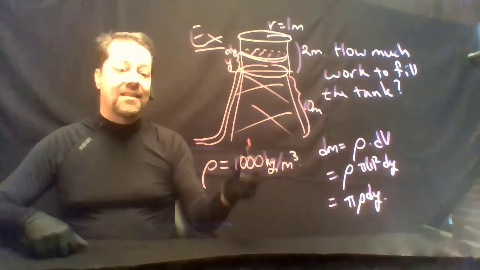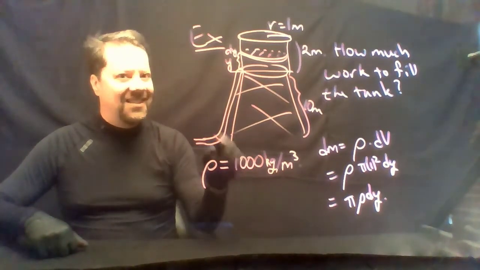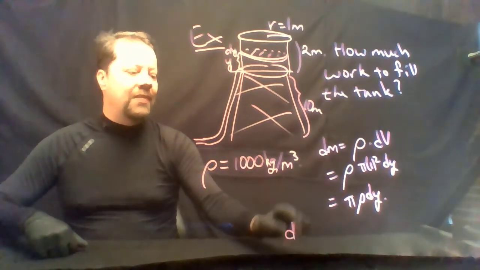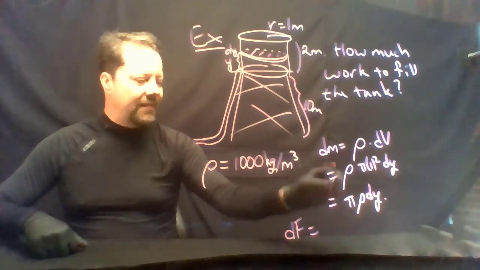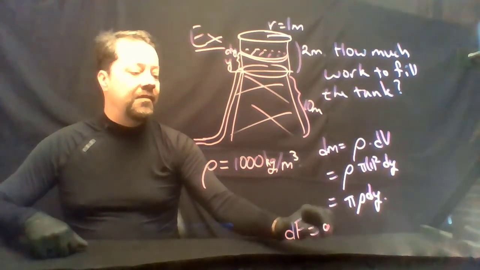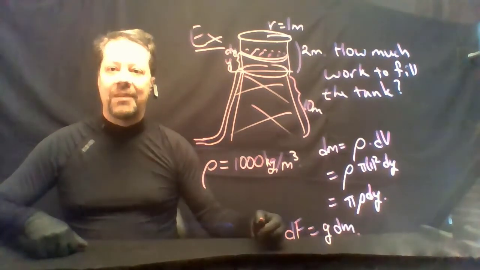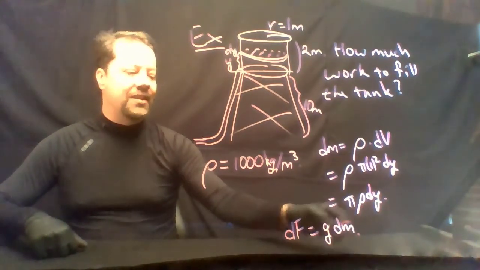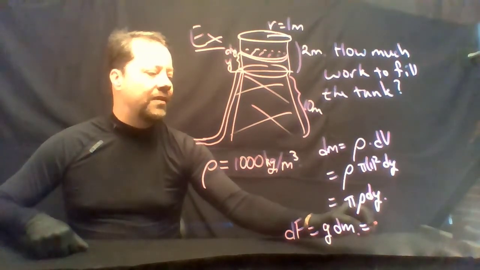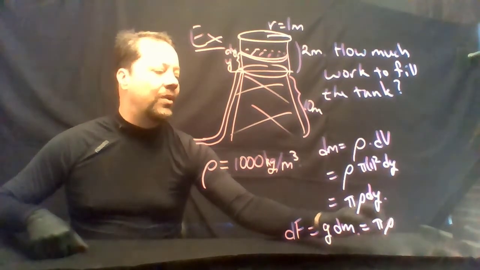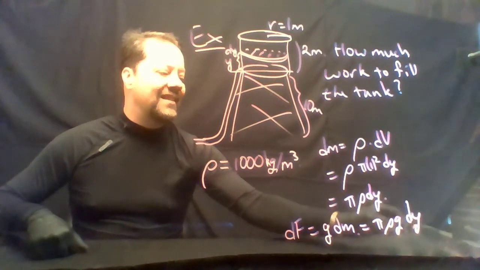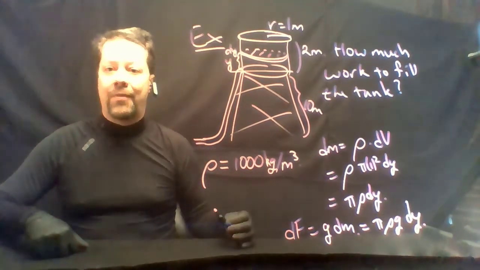That mass times acceleration due to gravity gives you the force. So the little element of force is the acceleration due to gravity times the element of mass, mass times acceleration. That's going to give you pi rho g dy as the little element of force.